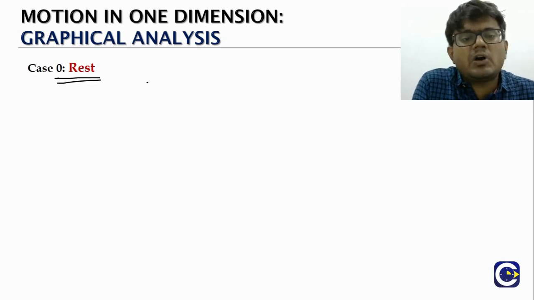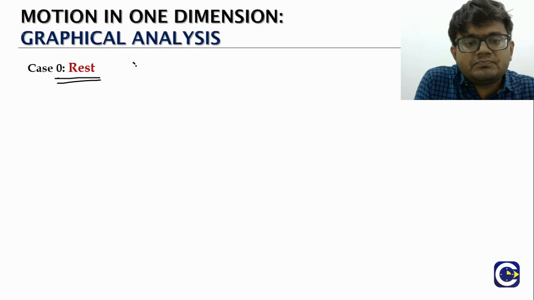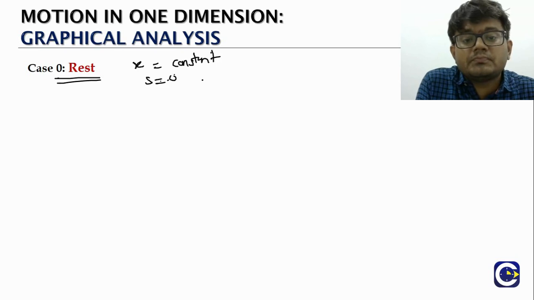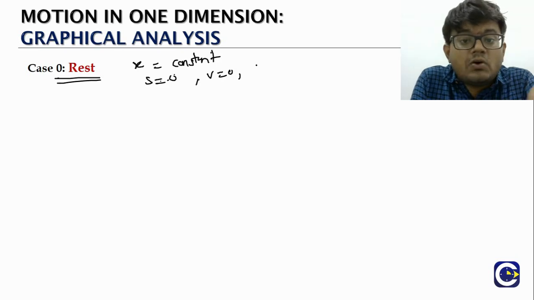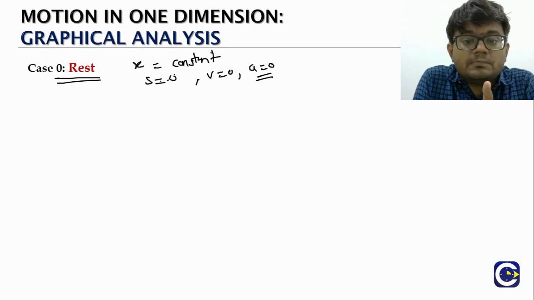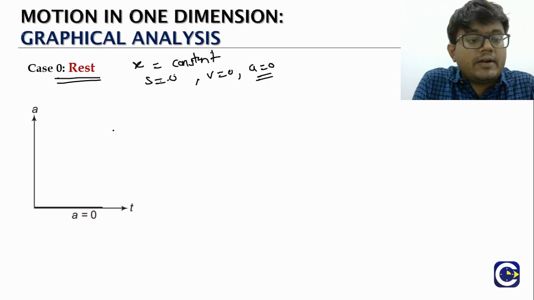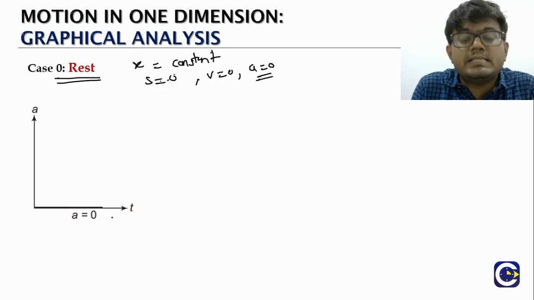So rest means what? Whatever its position is, it will remain constant. It means displacement will be 0. Displacement 0 means velocity is 0, and velocity 0 always means acceleration will be 0. So if you plot acceleration with respect to time, it will be 0.